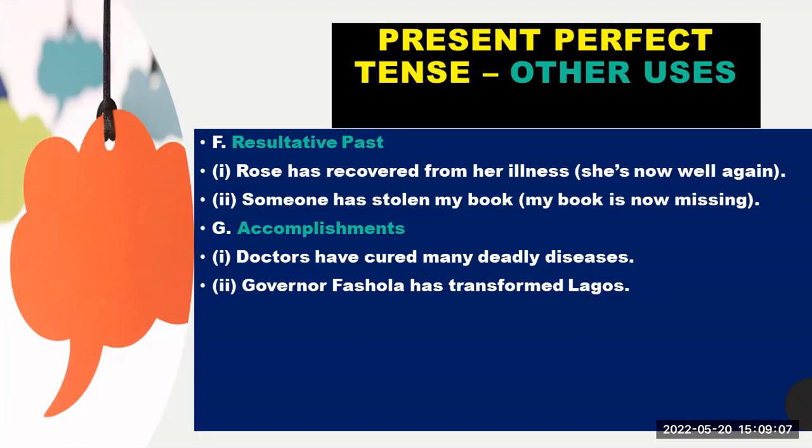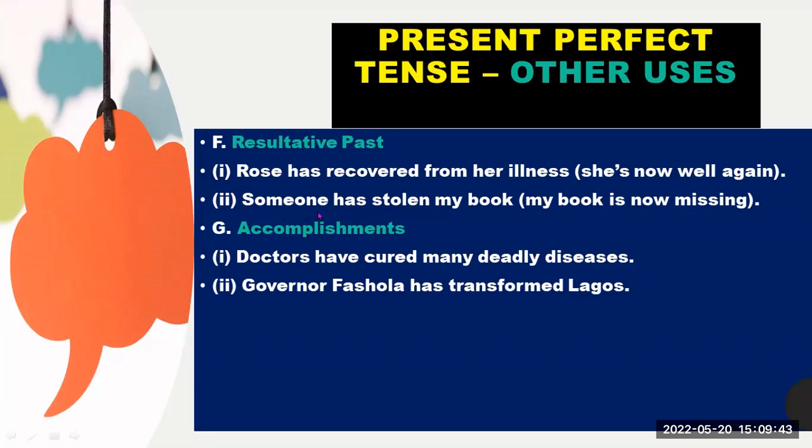She looks healthy, and so we can talk about her past illness, which now has been overtaken by her healing, so to say. She's now well again. So we can conclude that Rose has recovered from her illness, an action that took place in the past, but there is a present result that reminds us of that past event.